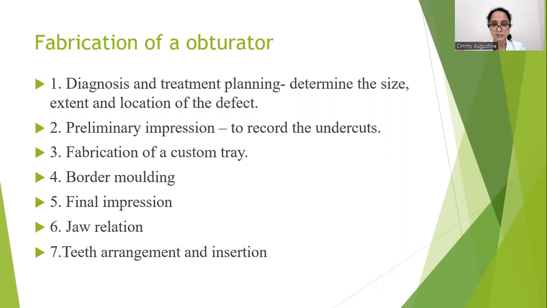The patient is asked to experiment with it, and it is cross checked by asking the patient to swallow and move the head sideways, to see if the patient has some discomfort. Once that is done, we obtain the final impression.